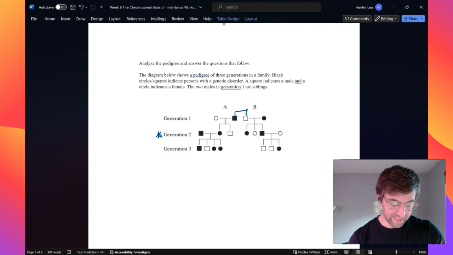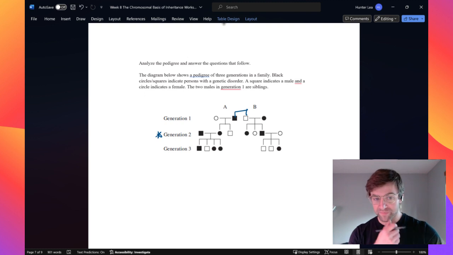We have a son who does not have this genetic disorder. On side B, father does not, but mom does. We have a daughter with and a daughter without, and a son with the genetic disorder.